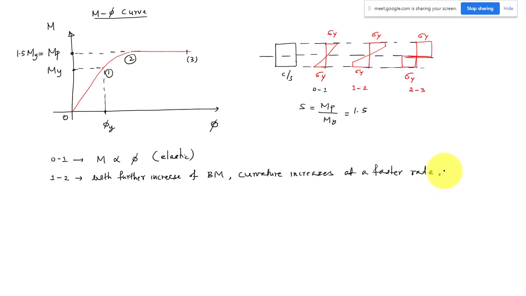So that is indicating yield spread. Yield is spreading into other fibers, other inside fibers.